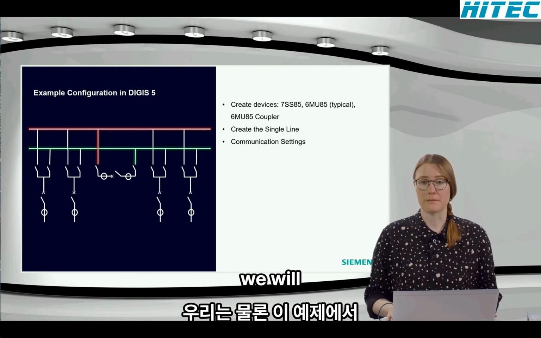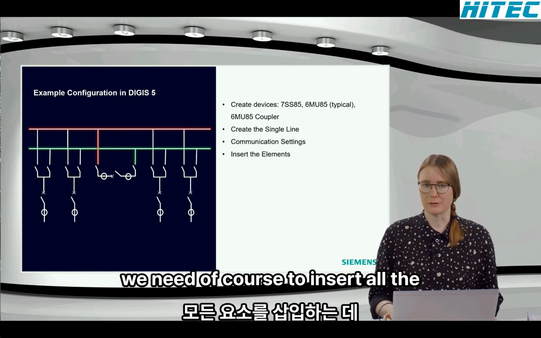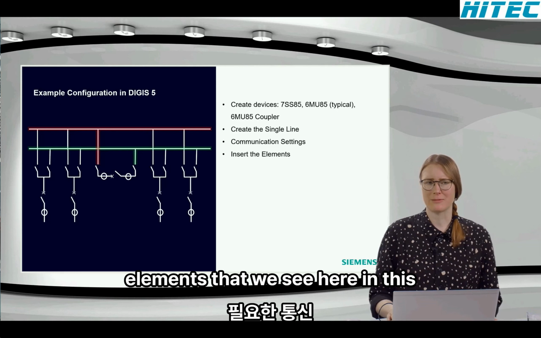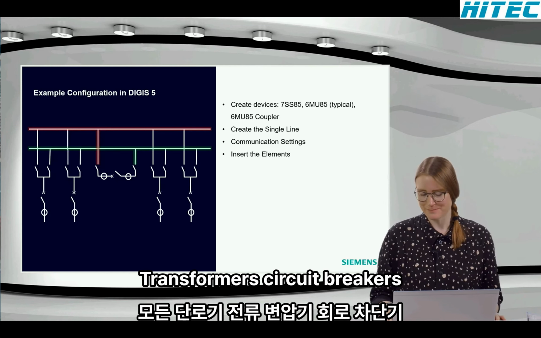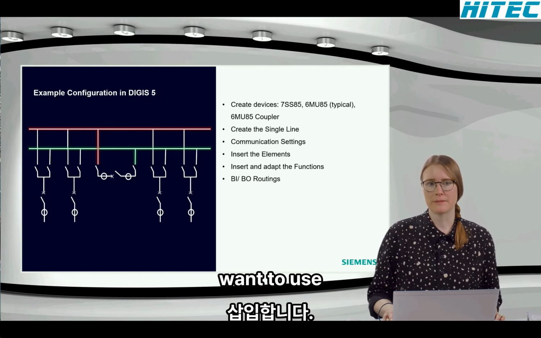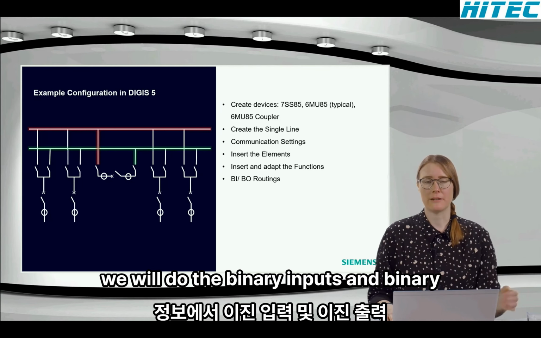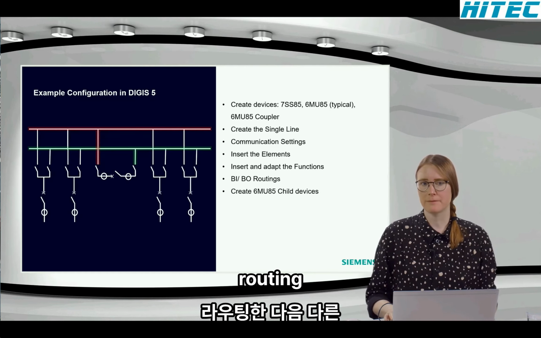We will configure the communication settings. We need to insert all the elements that we see in this example: all the disconnectors, current transformers, circuit breakers. We insert the functions that we want to use. We will do the binary input and binary output routing in the information routing.